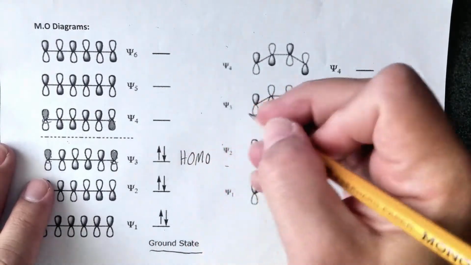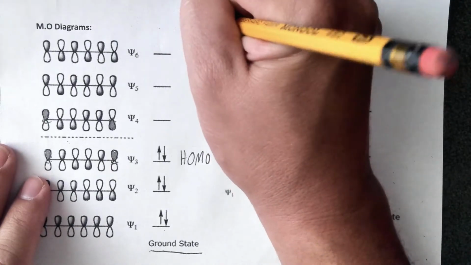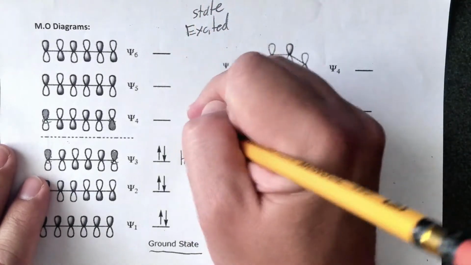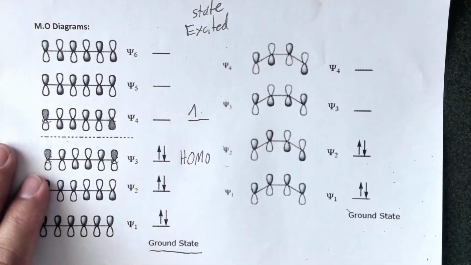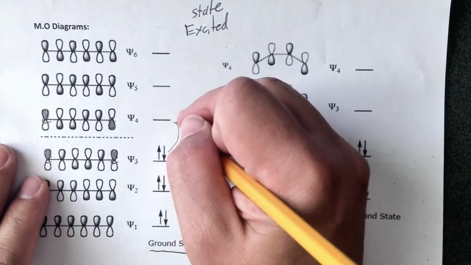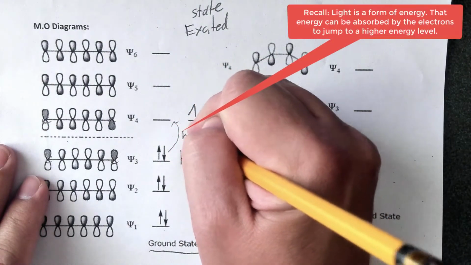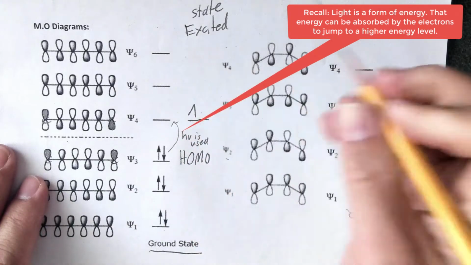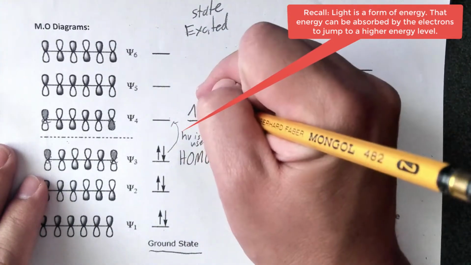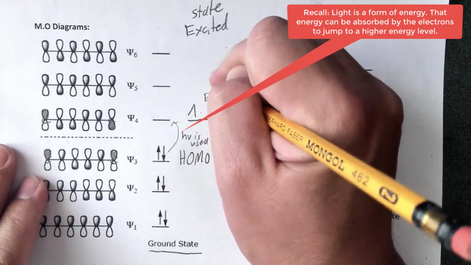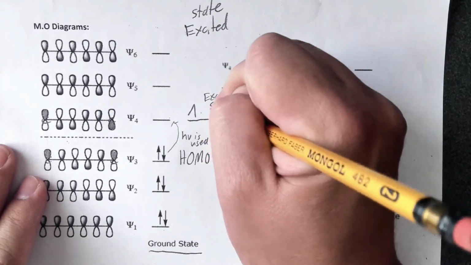For the excited state, it would be the one where the electrons have promoted in this format right here, where this has gone up here due to light. So if light is used, this promotes up. And so now this is the excited state highest occupied molecular orbital.